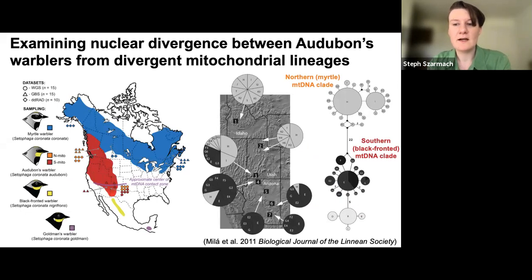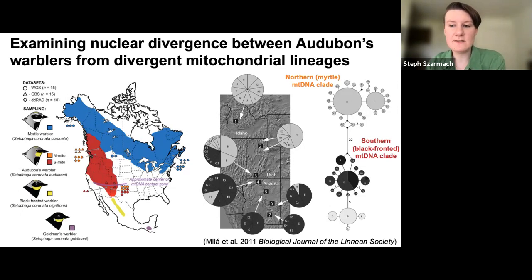Previous studies of mitochondrial DNA in yellow-rumped warblers found that there's a contact zone in the southwestern US between 2 deeply divergent mitochondrial lineages. Audubon's warblers in the southern part of the zone have ancestral haplotypes belonging to the same clade as the black-fronted warblers, while the Audubon's warblers in the north share haplotypes with myrtle warblers that were likely introduced through mitochondrial introgression.